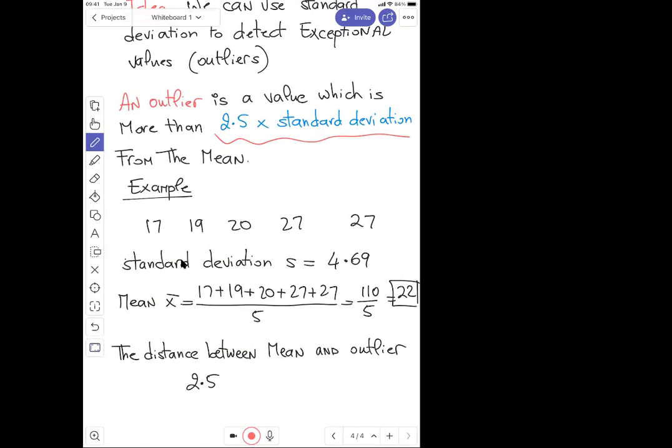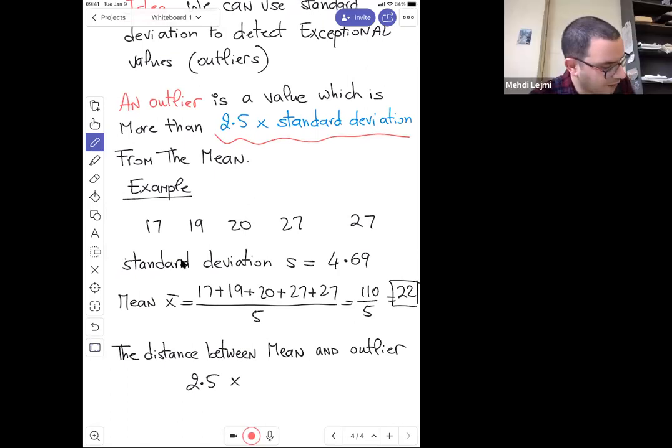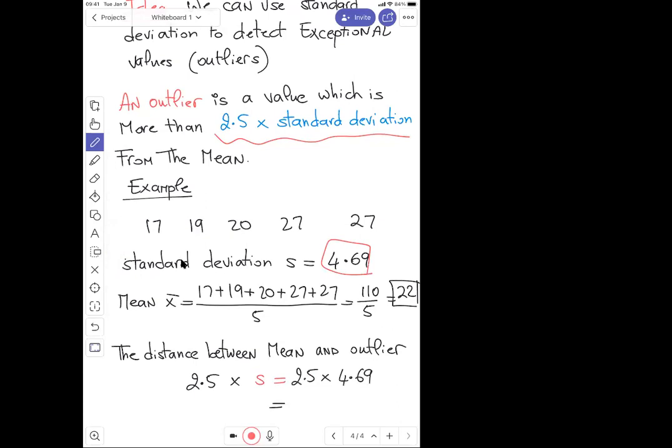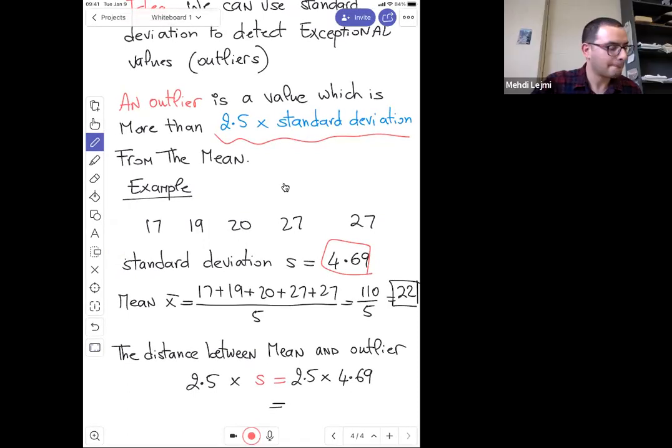So 2.5 times S, which is 4.69, is 11.72.